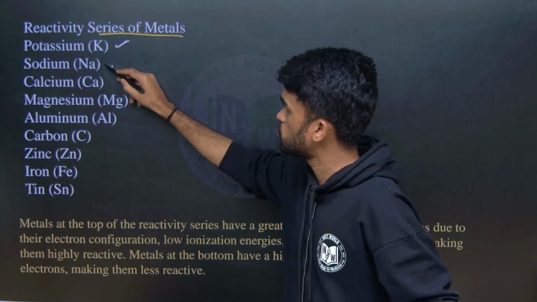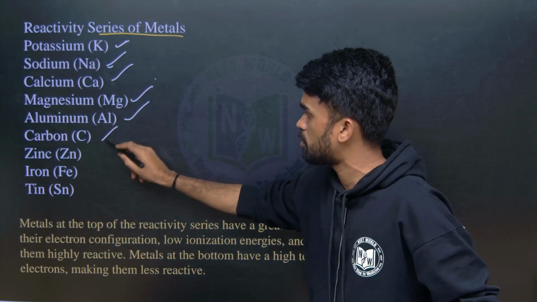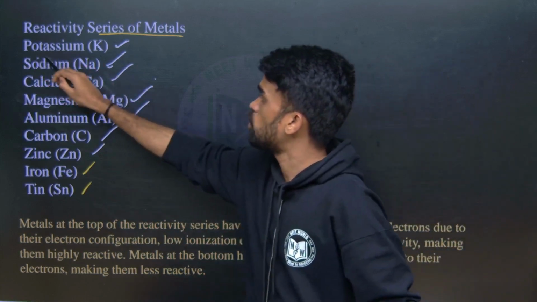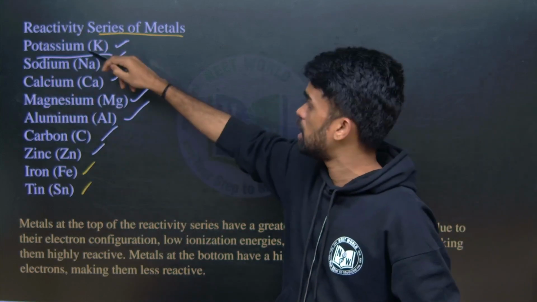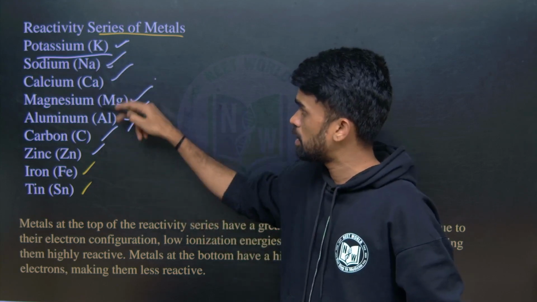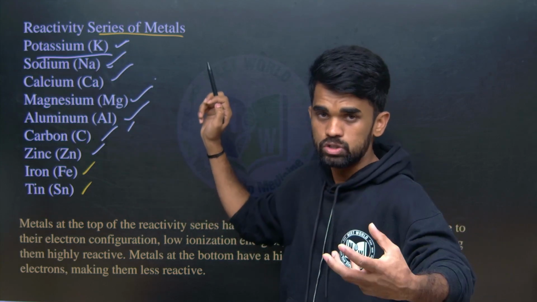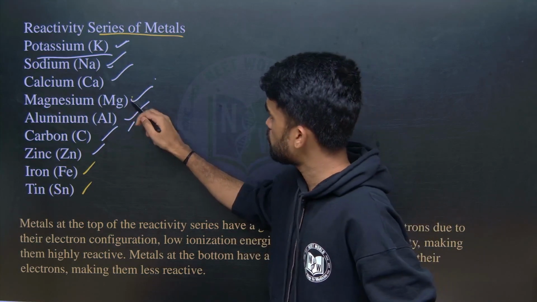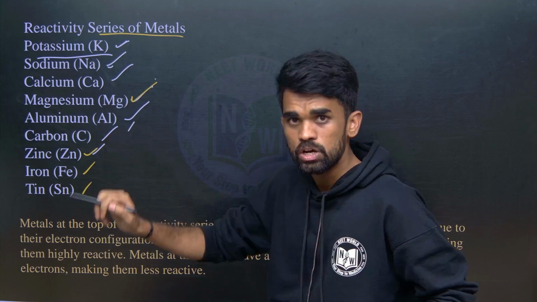Potassium, sodium, calcium, magnesium, aluminum, carbon, zinc, iron, tin I have mentioned. Now, potassium is at the top of this series. The element at the top will displace all the bottom elements from their respective compounds in solution. For example, magnesium can displace zinc from its solution.